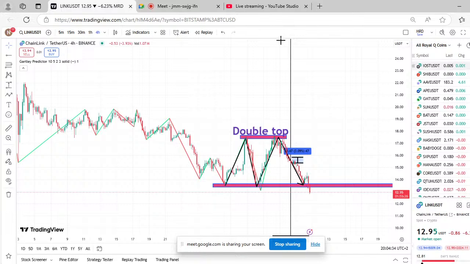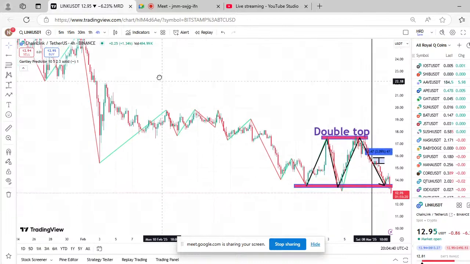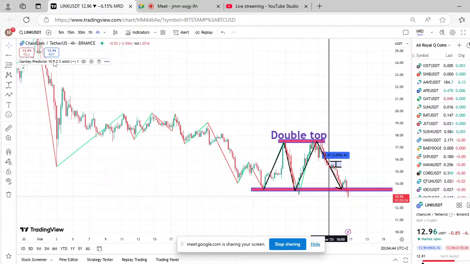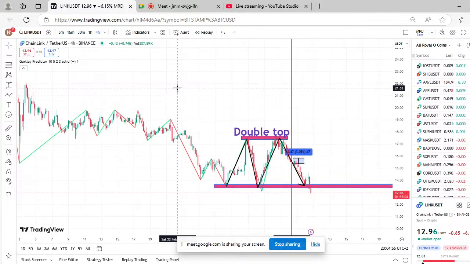Okay, let us go. So today we are going to look at an amazing indicator. It is called the Gartley predictor. Gartley predictor will help us to understand the direction of the market, will help us to get the coins which will give us more take profits.